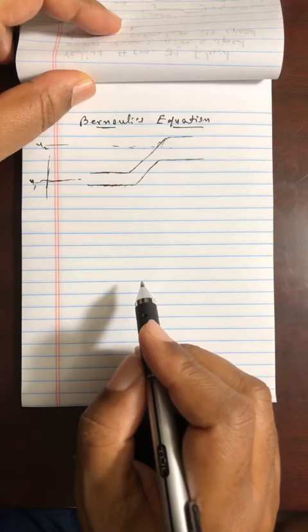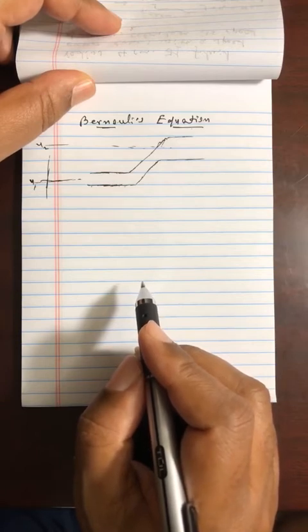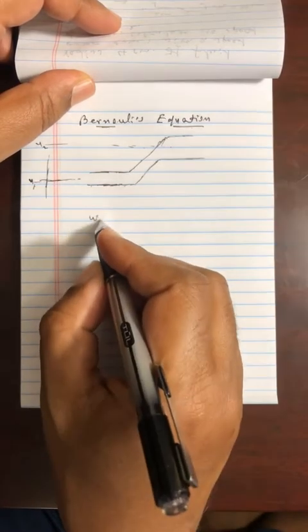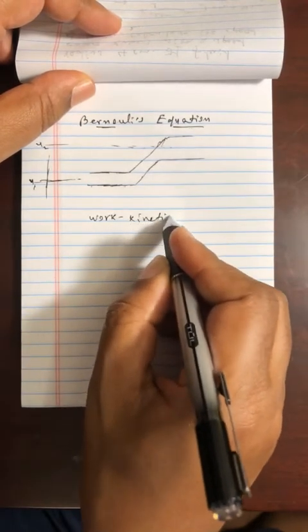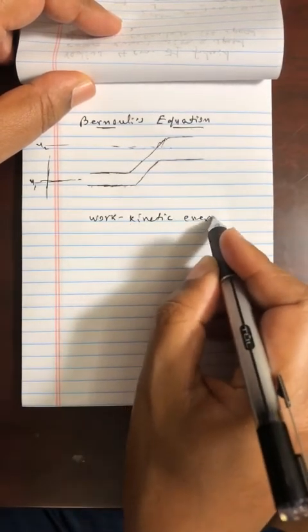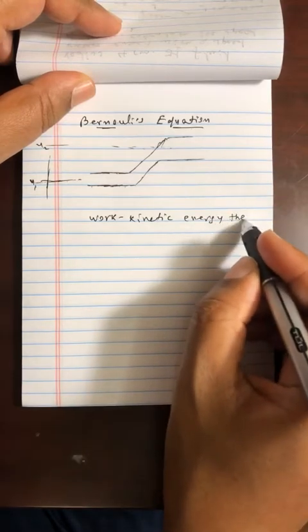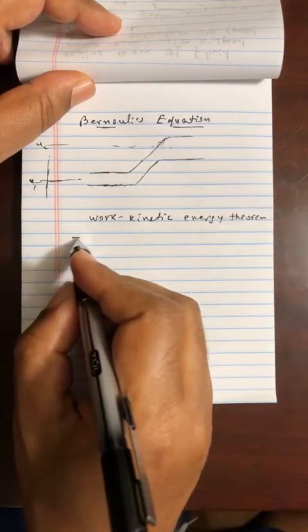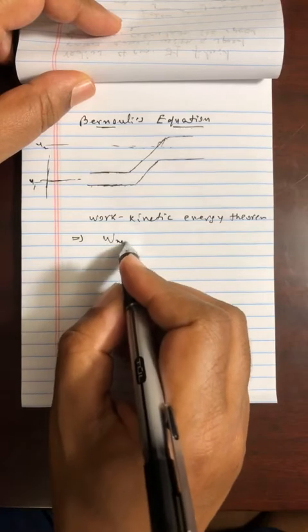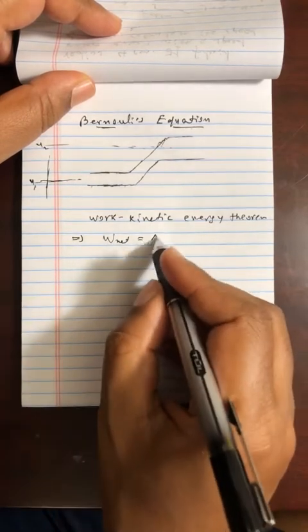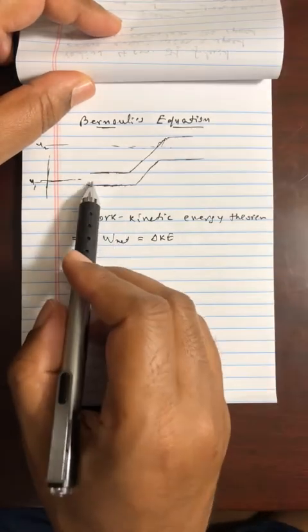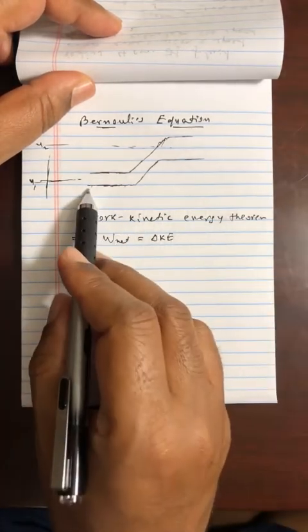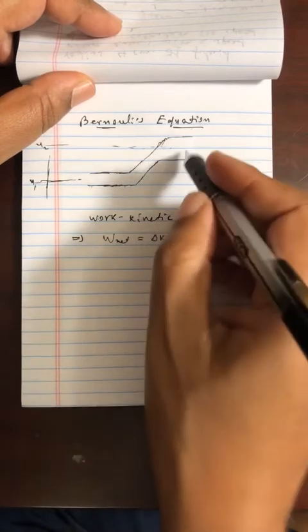All right, so we're going to make use of the work kinetic energy theorem. If you remember, the work kinetic energy theorem implies net work done equals change in kinetic energy. The speed at t1 will be initial, the speed at t2 would be our final.